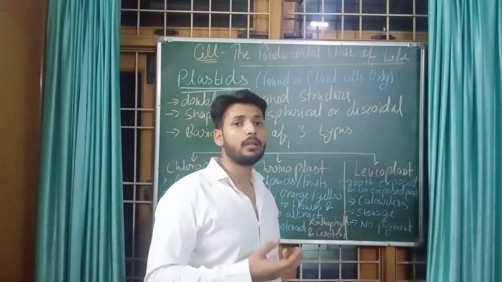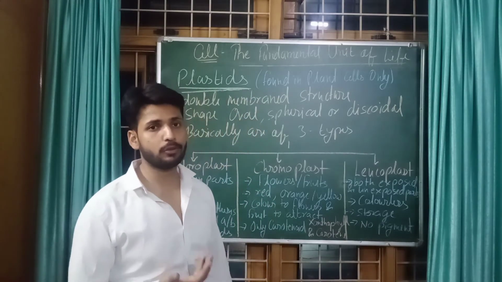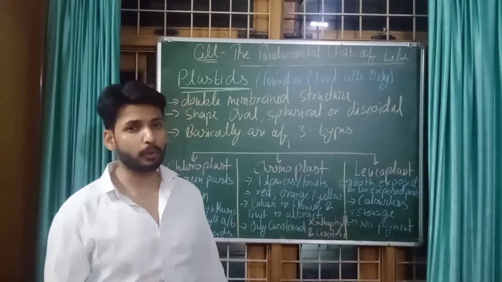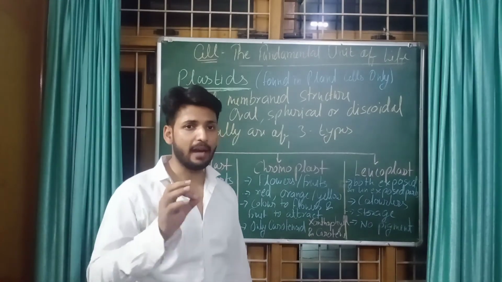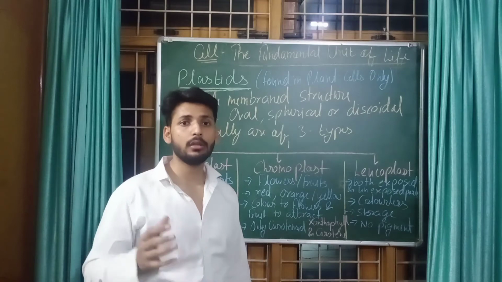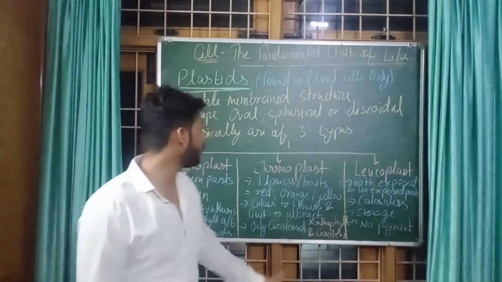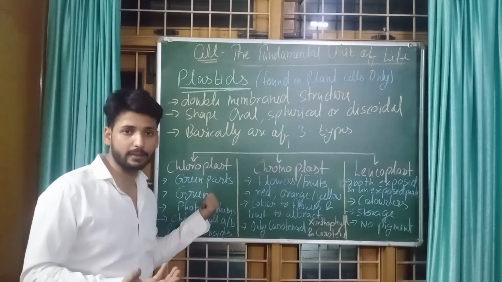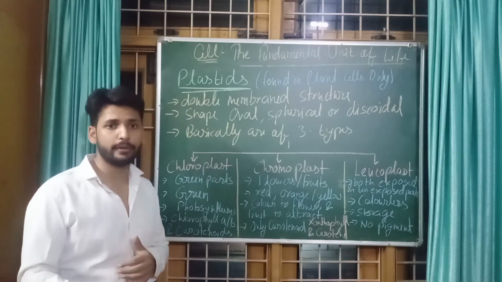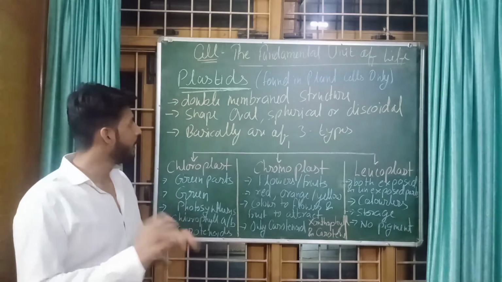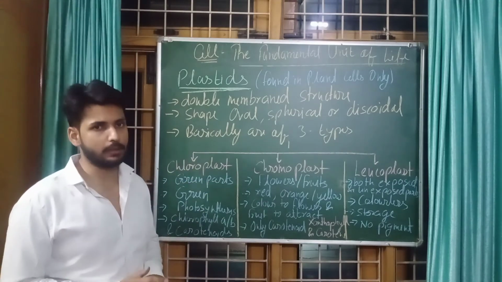Next is leucoplast, whose function is storage of starch, protein or lipids. And another function is to provide us fresh oxygen, because photosynthesis is taking place, and in the process of photosynthesis oxygen is released. Got it?